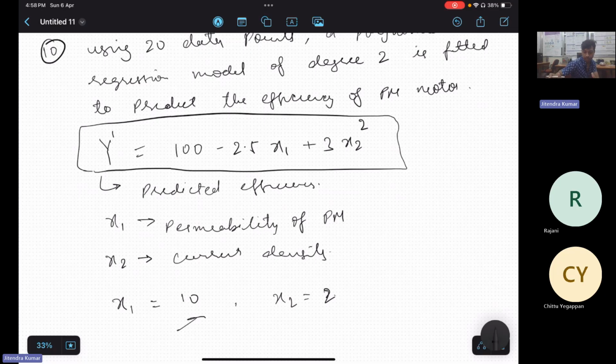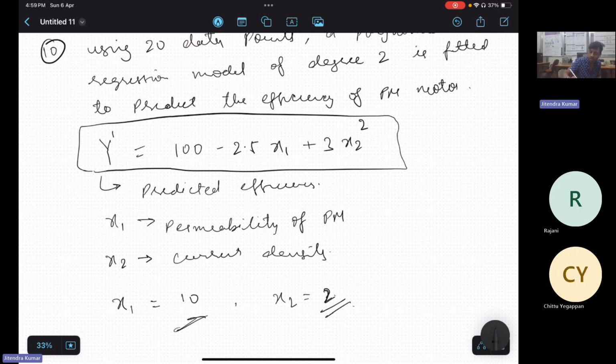Efficiency definitely depends on the current density, that is correct, but current density is not generally as low as 2. That is why I said 2 is not an appropriate option, and permeability of permanent magnet is not higher than 1.01 or 1.05.